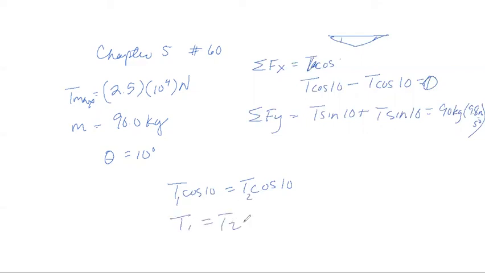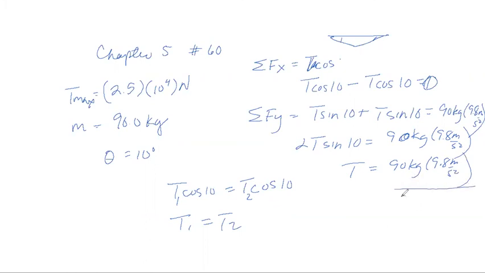T1 equals T2. And then 2T sine 10 equals 90 kg times 9.8 meters per second squared. So T is going to equal 90 kg times 9.8 meters per second squared, divided by 2 times sine of 10. And that's going to give T equals 2540 newtons.